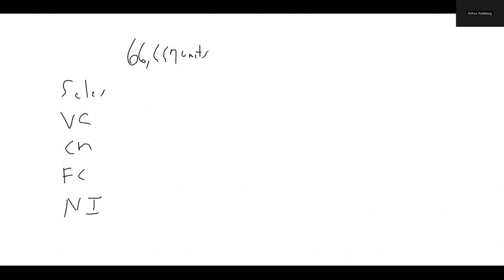So my sales, 66,000. Again, we're going to have a rounding error. It's unavoidable. Times $10. So we've got 666,667.